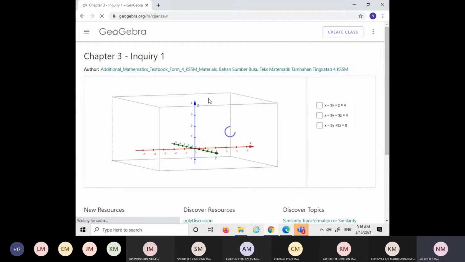Okay, this is the one. For three variables, you will not see a straight line. You will see a plane, like a piece of paper. But I will show you one by one.